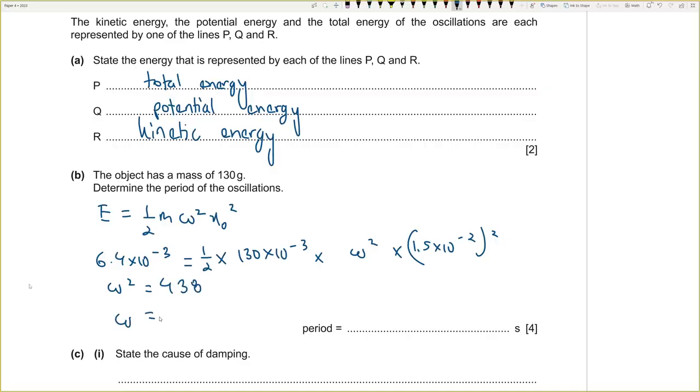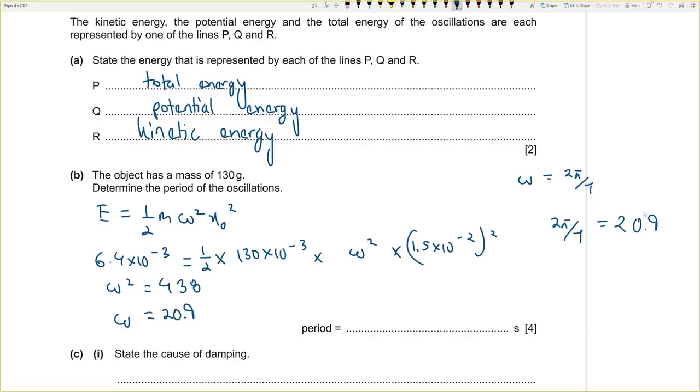So omega is equal to root over answer, which gives you 20.9. You guys know that omega is equal to 2 pi by T. So 2 pi by T is equal to 20.9. So T is equal to 2 pi divided by 20.9. That gives you a value of 0.300 seconds. There you go. They also accept 0.30 here.